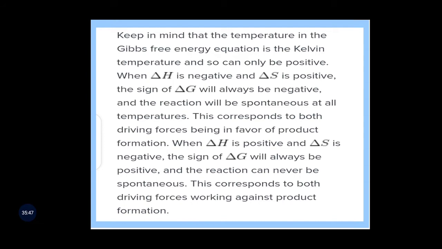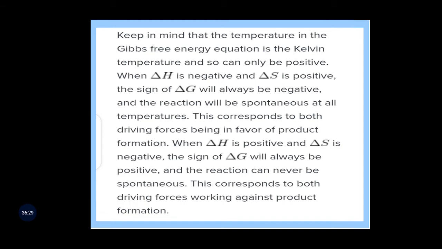This corresponds to both driving forces being in favor of product formation. When delta H is positive and delta S is negative, then the sign of delta G will always be positive. That is the last row in the table.